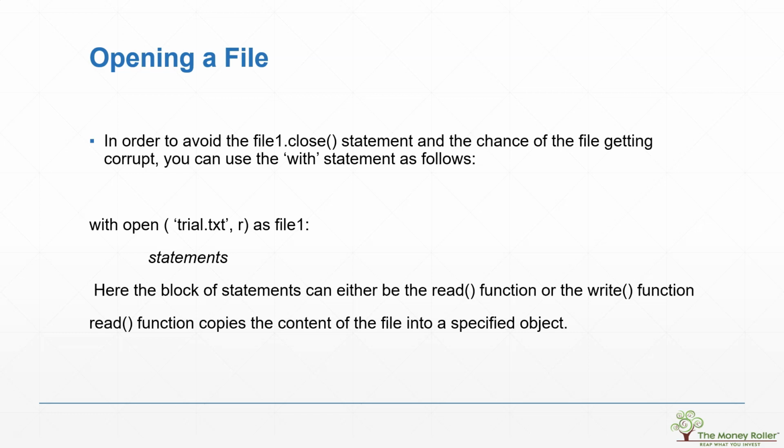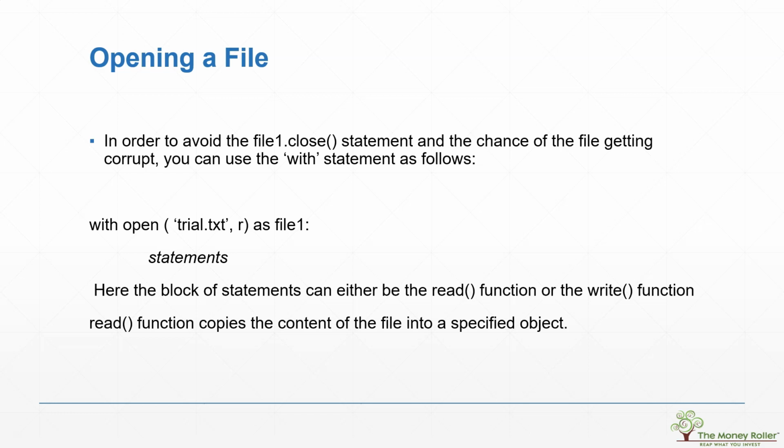Okay, this you have to do. Otherwise, if your program just terminates in the middle or anything happens, there is a big chance that your file can get corrupt. So what if your program stops running before the close statement is executed? There's a lot of risk involved.